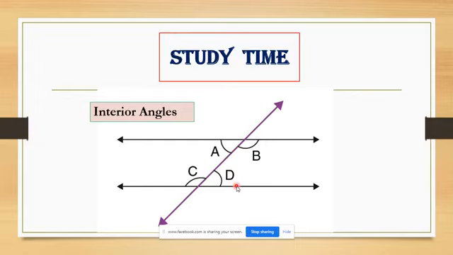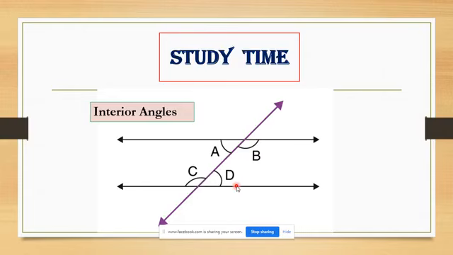You can write 2 pairs of interior angles, and if possible tell me what is measure of angle B plus measure of angle D, and what is measure of angle A plus measure of angle C. Will it be 100 or 120 or 160 or 180? Memorize yourself and tell about the interior angles. If possible, you can write the property of interior angles.